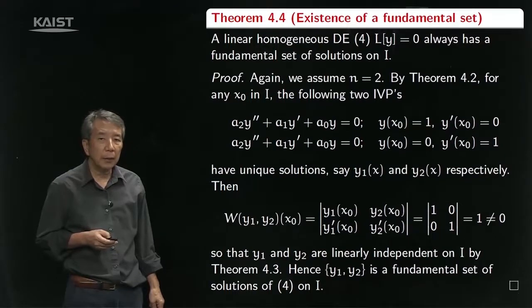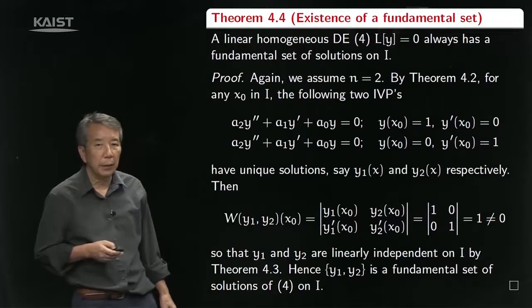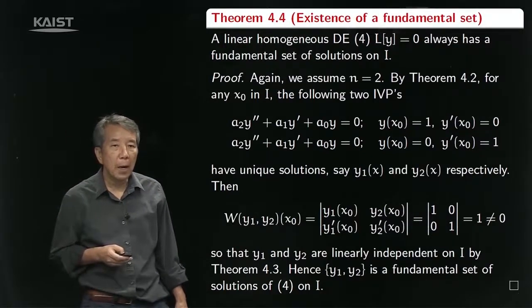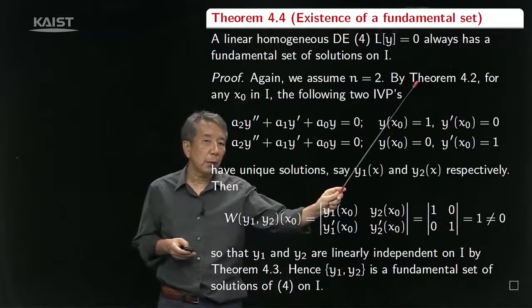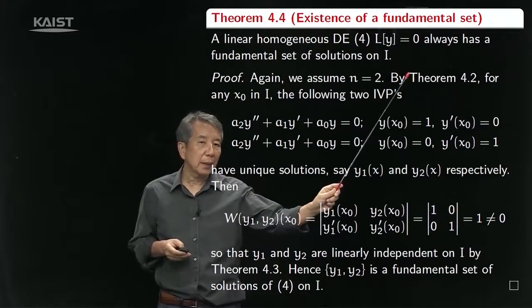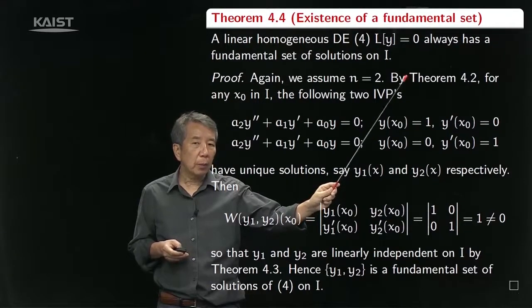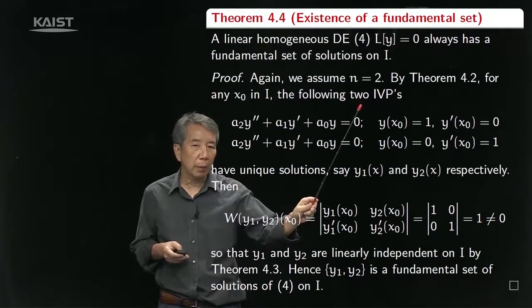In proving this theorem, again I am assuming that n is equal to 2 to make things simple. By theorem 4.2, the unique existence of a solution for an initial value problem, choose an arbitrary point x0 in the interval I, and consider the following two initial value problems.